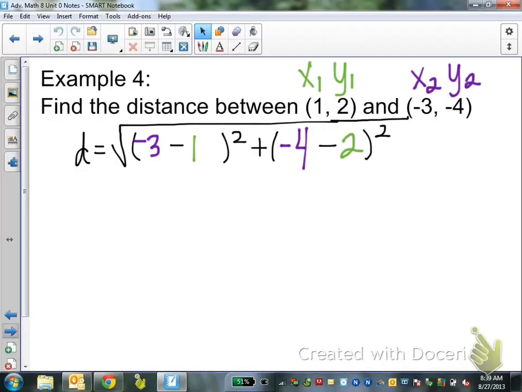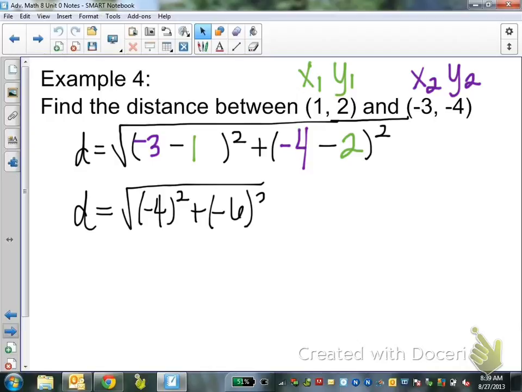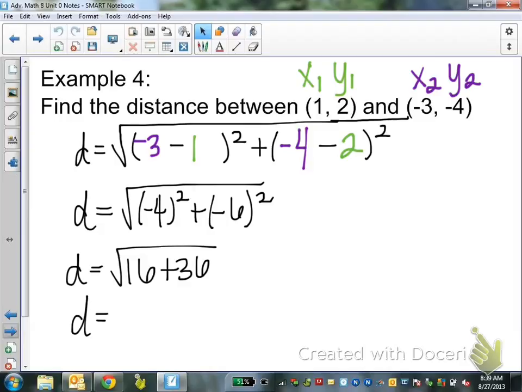So now let's finish all of the work. d equals the square root. Negative 3 minus 1 gives me negative 4 squared, plus negative 4 minus 2 gives me negative 6 squared. So d equals the square root of 16 plus 36. So d equals the square root of 52.